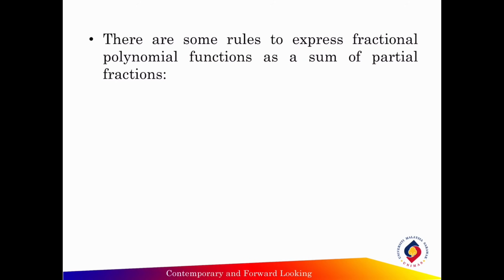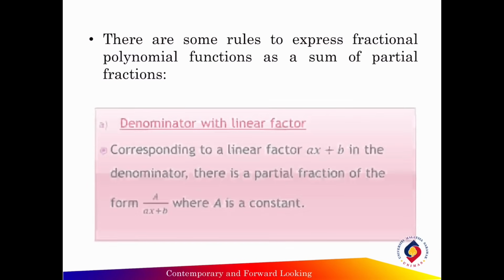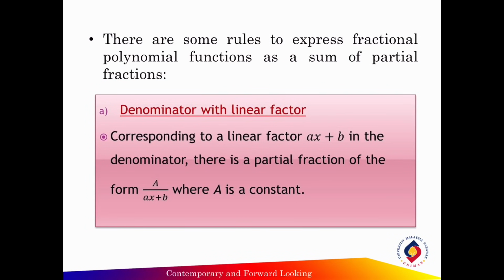There are some rules on how to express a fractional polynomial function as a sum of partial fractions. The first rule is for a denominator with a linear factor. Corresponding to a linear factor ax plus b in the denominator, there is a partial fraction of the form A over (ax plus b), where A is a constant.